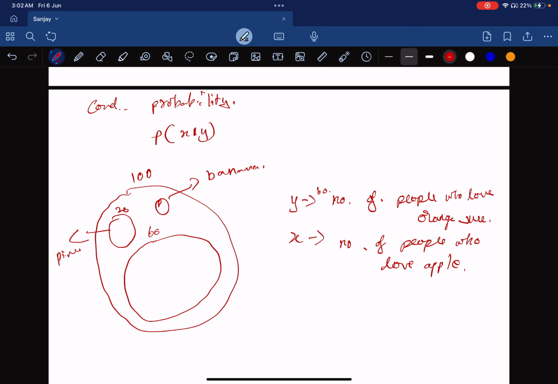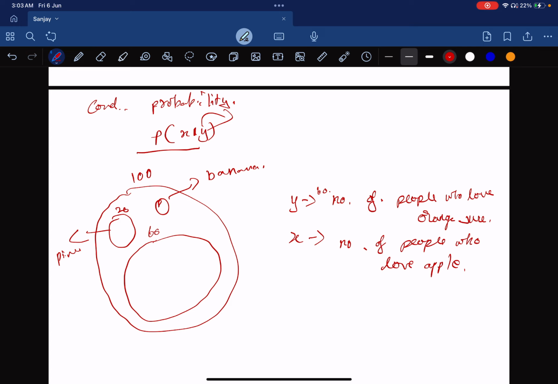In this group of a hundred people, there are 60 people who love orange juice. In the conditional probability, the variable after the given is the event that has already happened, and we need to find x.